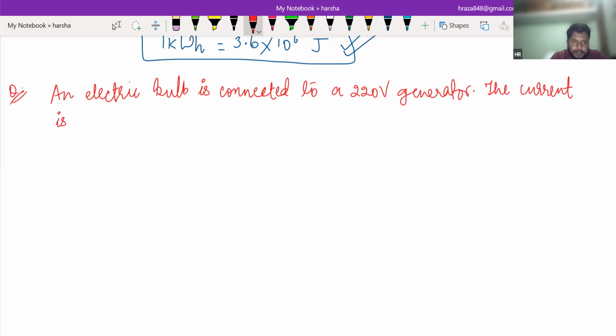The current is 0.5 ampere. What is the power of the bulb? Very easy question. Please do it carefully.